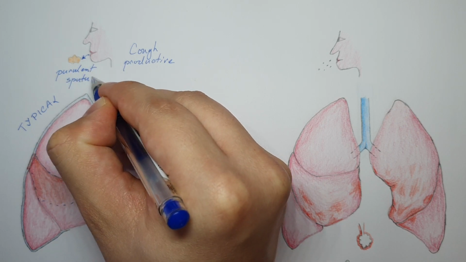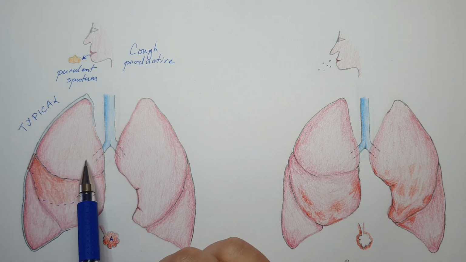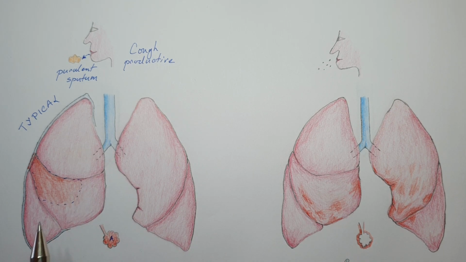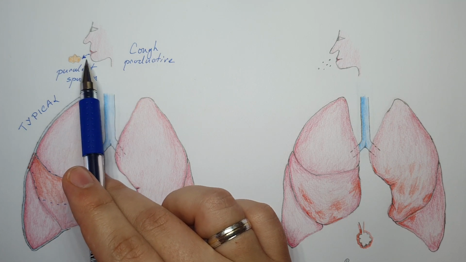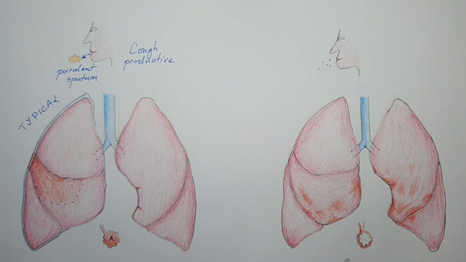Why is this happening? Because the exudate is in the alveoli. Our body wants to eliminate it, and we are starting to cough. The reflex is being activated, and we cough out this sputum.